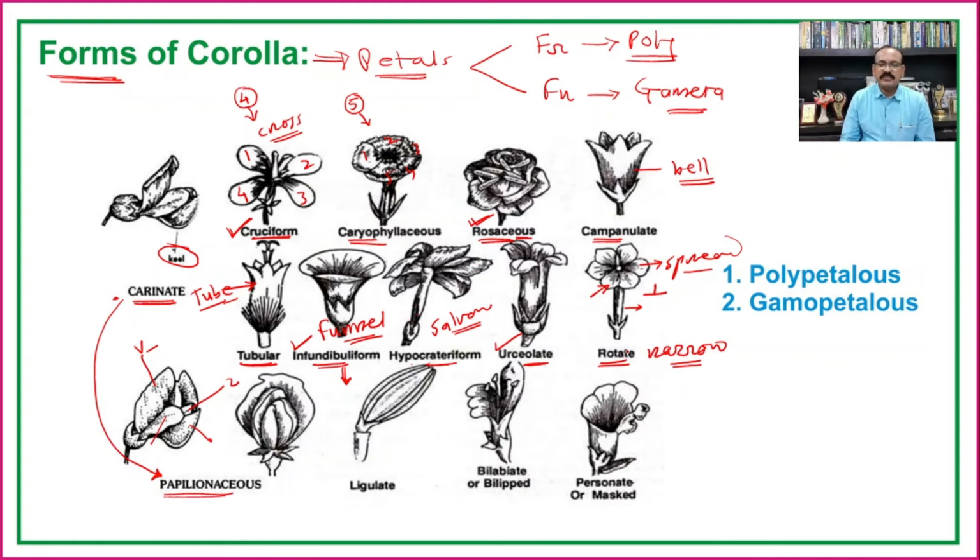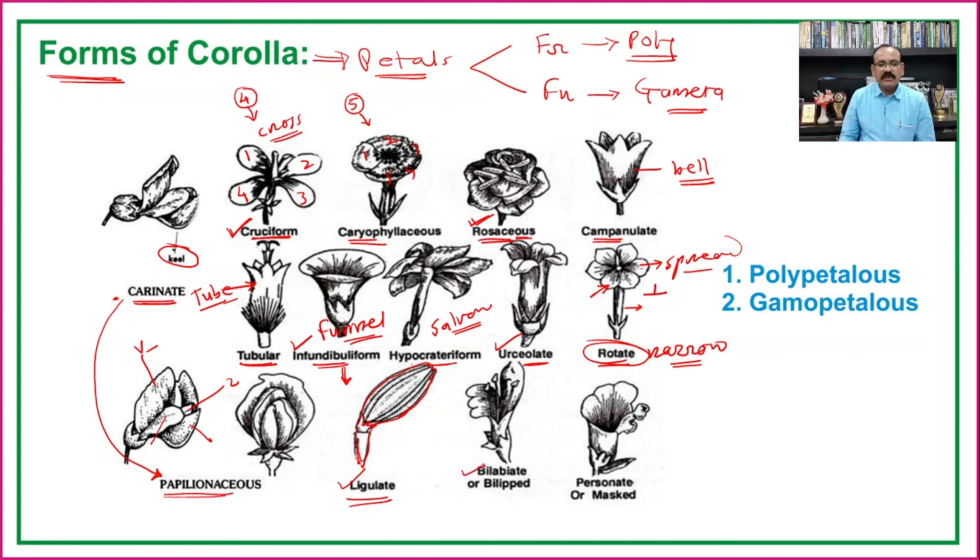So such a type of the corolla is known as rotate type of the corolla. Then in family Asteraceae, at the basal region the corolla forms the tube, and from the terminal end there is a formation of ligule. So as there is a development of the ligule at the end of the tube, hence it is known as the ligulate type of the corolla.